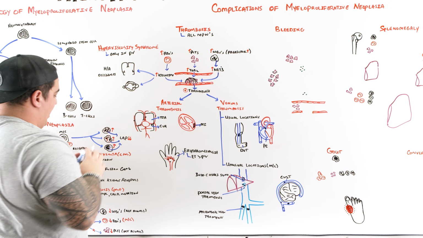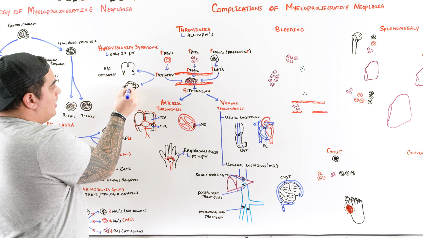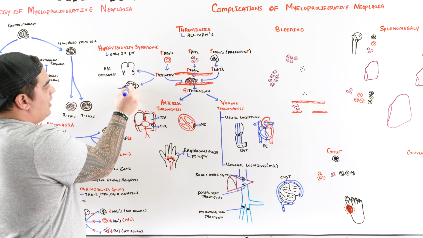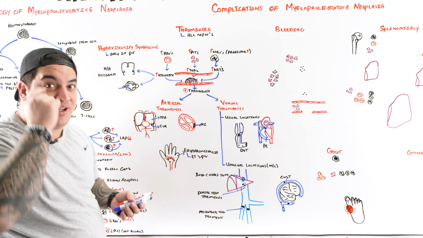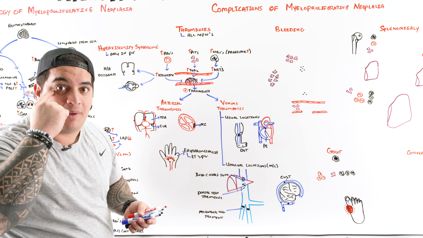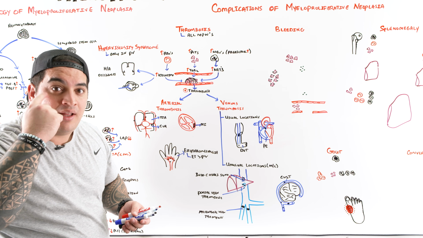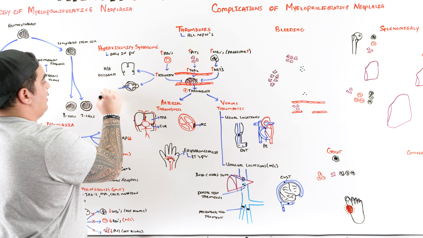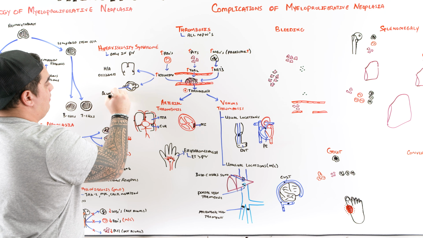And also it can cause the retinal veins, they can't get blood out. And so these things get super dilated and engorged. If you actually look at their fundoscopy, they can have retinal vein enlargement, hemorrhaging, and papilledema. And all of these things may present with very significant blurred vision.